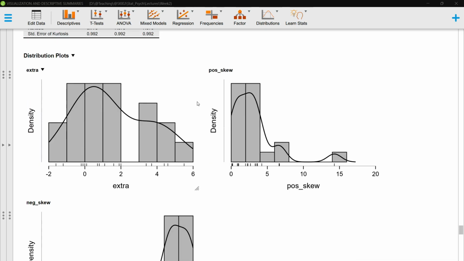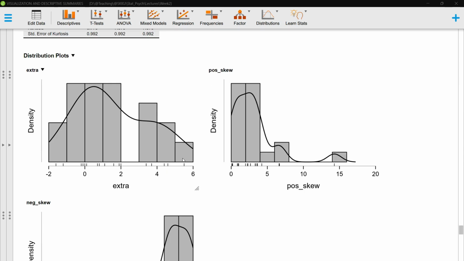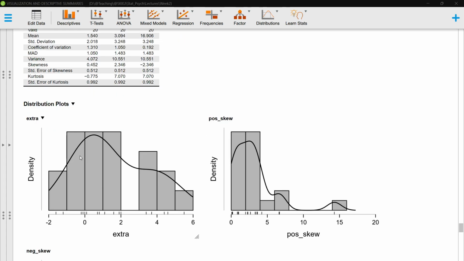When we see the histogram and the density plot overlaid with each other, with the log values at the bottom, this is the distributional plot for the three variables. We see the original variable, the extra hours variable, is not that skewed, and it has rather a lower level of kurtosis.